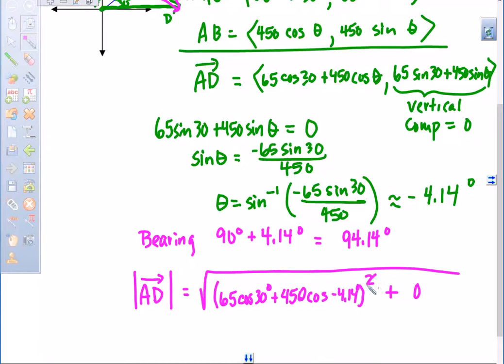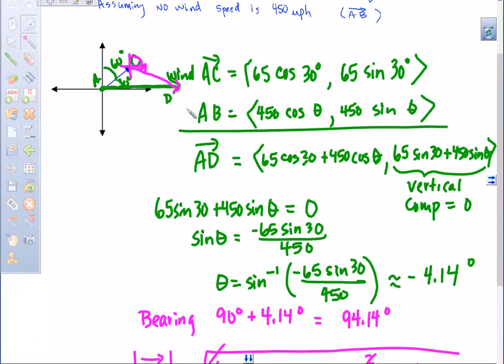So what happens is this and this cancel, and the magnitude of AD is approximately 505.12.